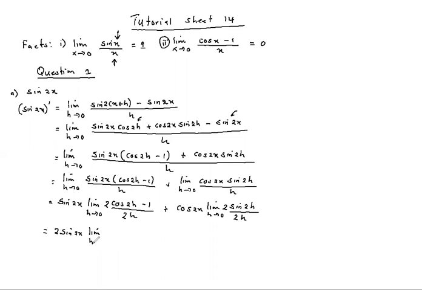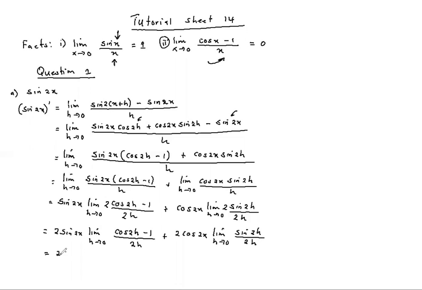and have the limit as h goes to 0 of cos 2h minus 1 over 2h. And then plus, again, that 2 there, you put it outside and remain with the limit as h goes to 0 of sine 2h over 2h. Now, the cos part goes to 0.